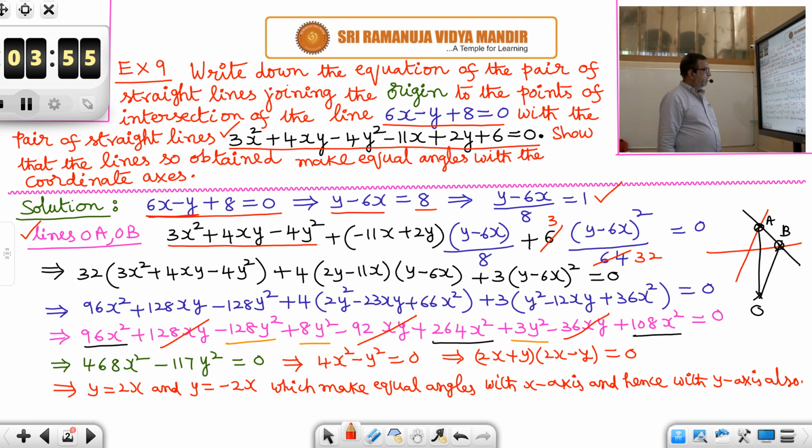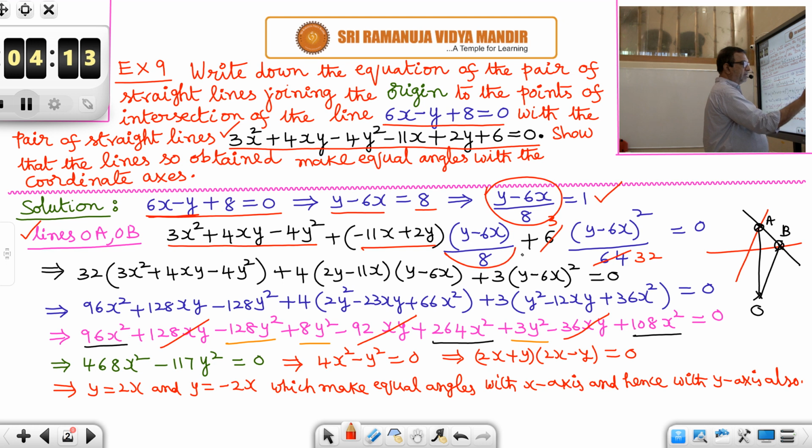So we have no change there. And the first degree expressions, that is minus 11x plus 2y, must be multiplied by 1, which means y minus 6x by 8. So I have multiplied it by y minus 6x by 8.